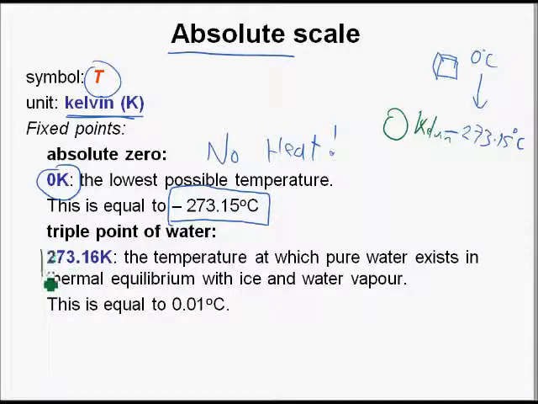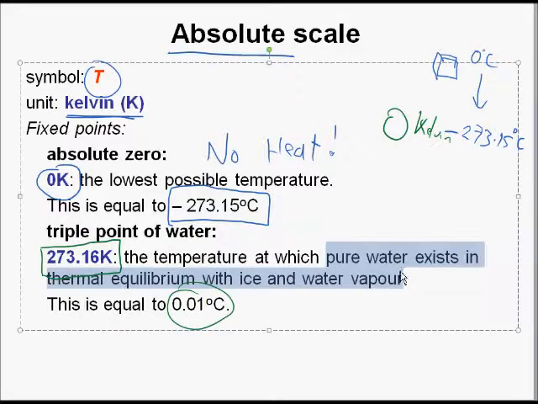So this point here, 273.16 Kelvin, well, if -273.15 is 0 Kelvin, 273.16 is actually 0.01 degrees Celsius. And we've got this discrepancy here between the 5 and the 6. That is the temperature at which pure water exists in thermal equilibrium with ice and water vapor.